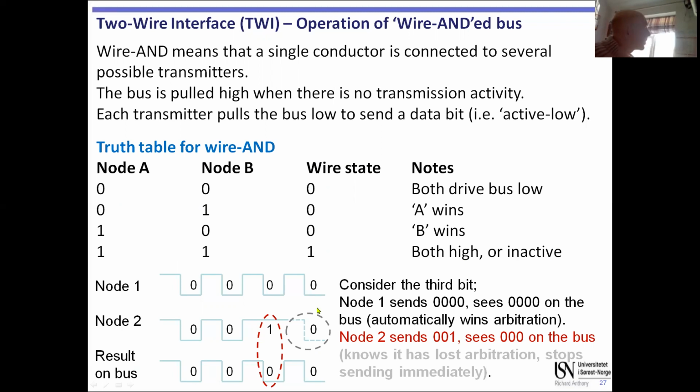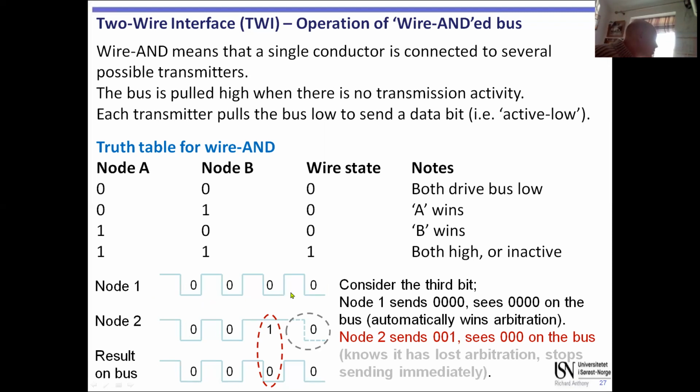And it's important because suppose 2 devices are transmitting at the same time, which they shouldn't be if you've designed everything correctly, but they could be. Now, 2 devices transmit at the same time. Node 1 is transmitting all 0s, it's pulling down low. And node 2 is transmitting a value such as 0, 0, 1, 0. Well, because this value will win over this, what will actually go on the bus will be this.